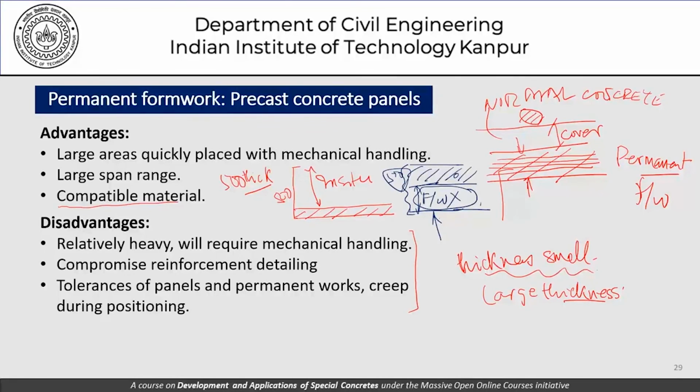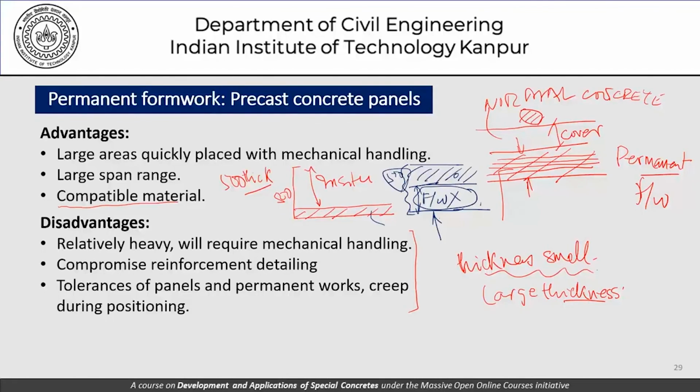So one of the very important takeaways from this discussion is the fact that construction technology which is developed based on new materials, for example in this formwork here, we could be using very different kinds of materials in order to make the concrete impervious or reduce its permeability and so on. That development has to be ultimately incorporated as far as the structural behavior of the member is concerned.